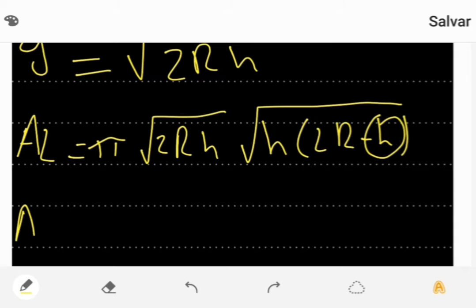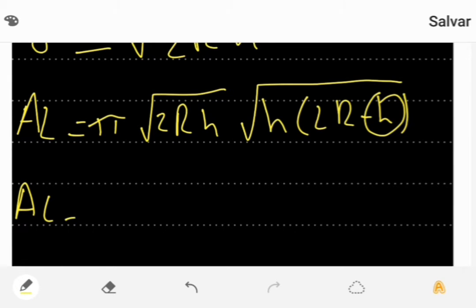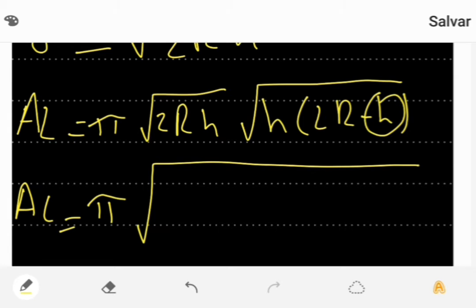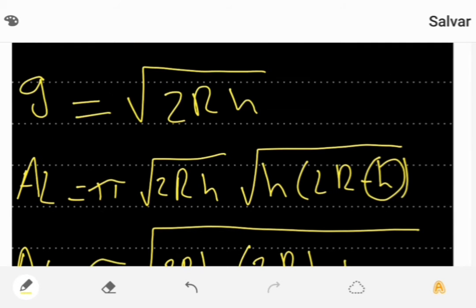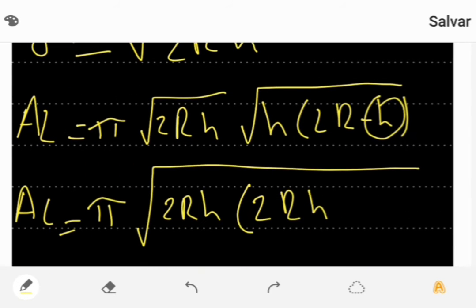So the area of the side is equal to pi multiplied by, now as it is multiplying we can join them, 2RH multiplied by (2RH minus H squared).